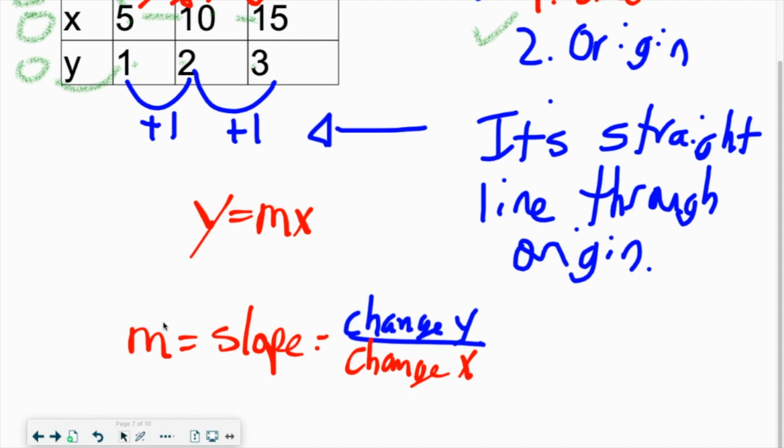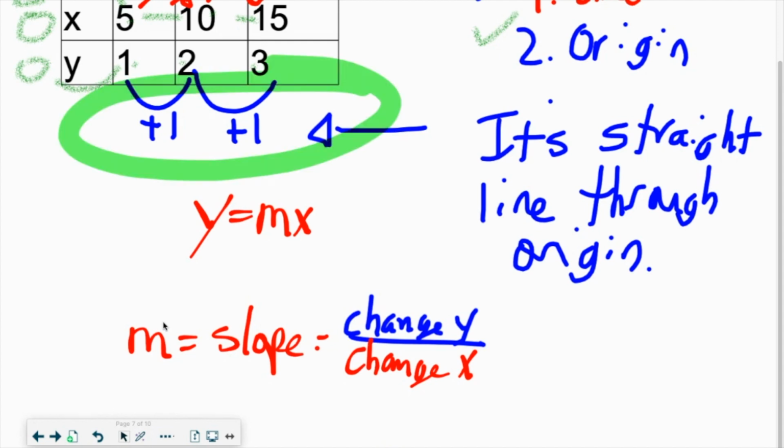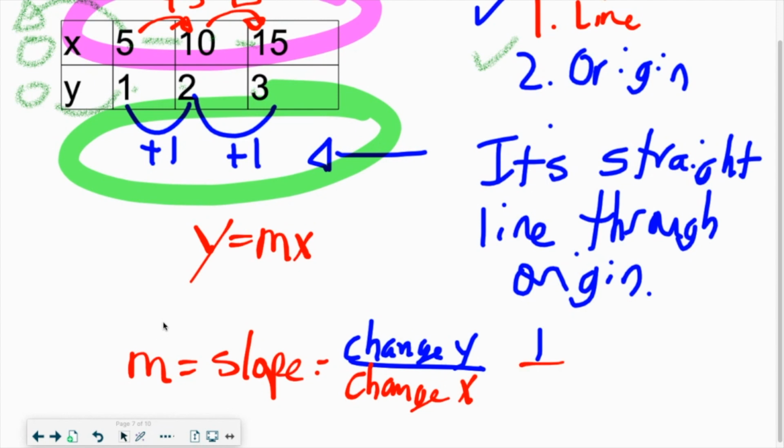What was the change in your y values each time? 1. Very good. And then what was your change in your x values each time up there in the table? 5. Great. That is your m. That is your slope. That is your constant of proportionality. All words for it. You just plug that into the equation.